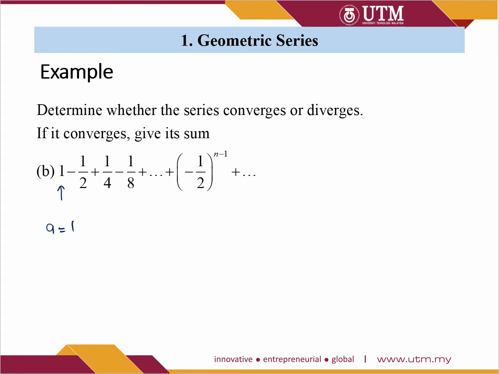So we have to find the value of r, the common ratio. To find the common ratio, we divide the next term by the previous term. Let's check with this 2 first. It will be negative half divided by 1, which is equal to negative half.